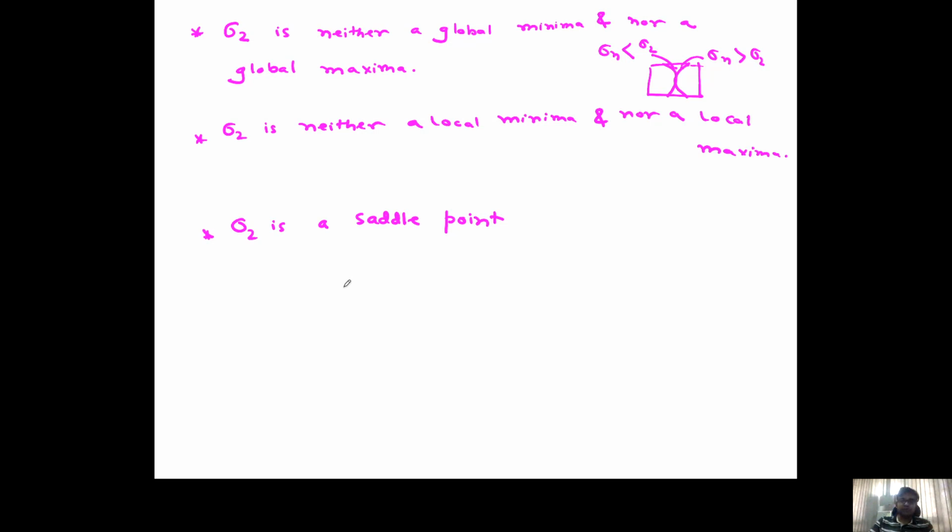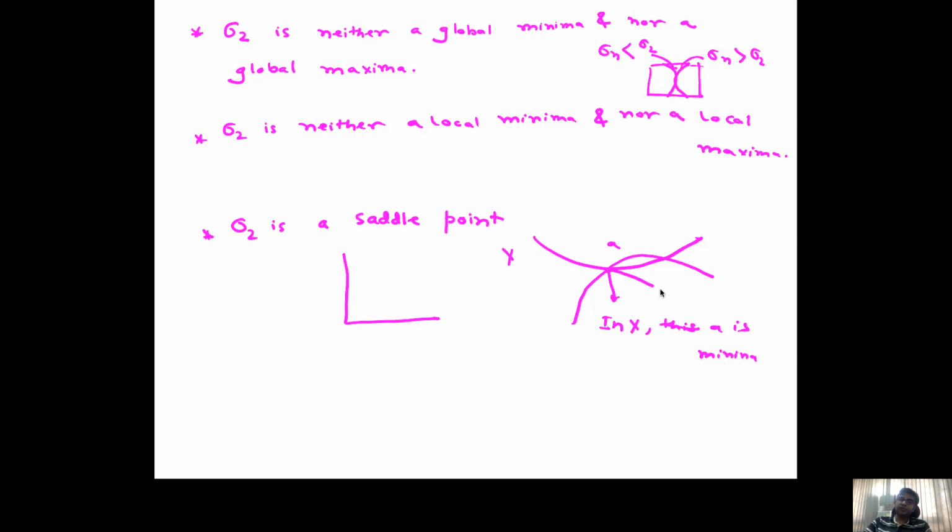Suppose we have this XY plane. A saddle point will look something like this. What can you say from this plane? On the X axis, this point, let us say A, is minima.